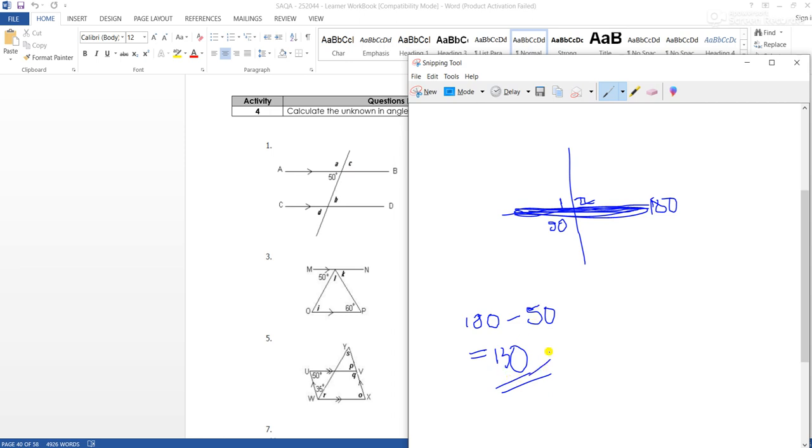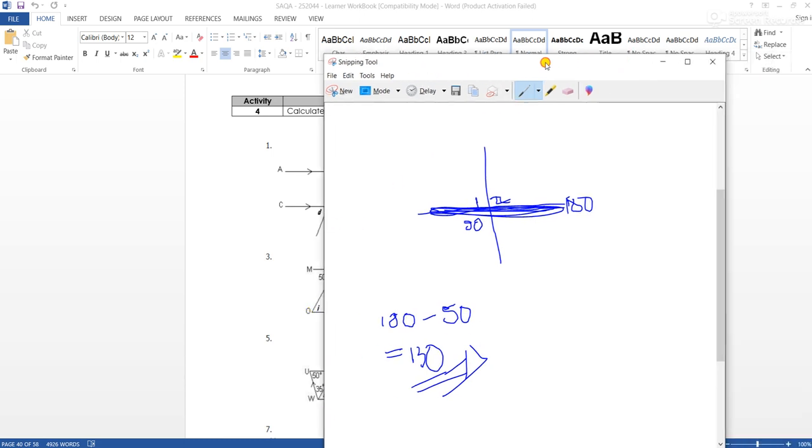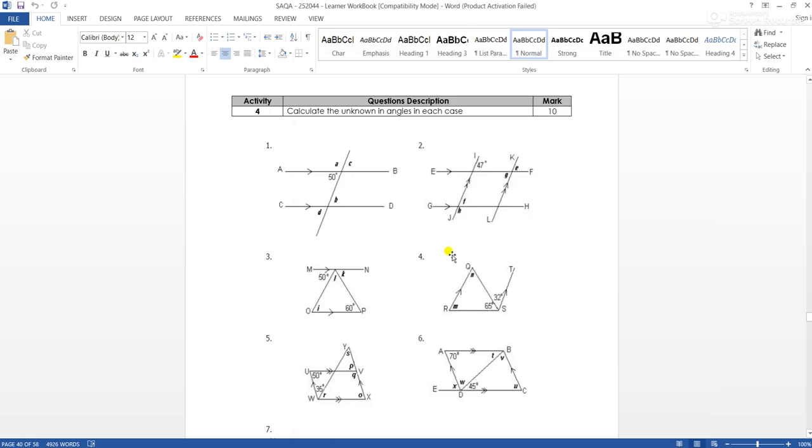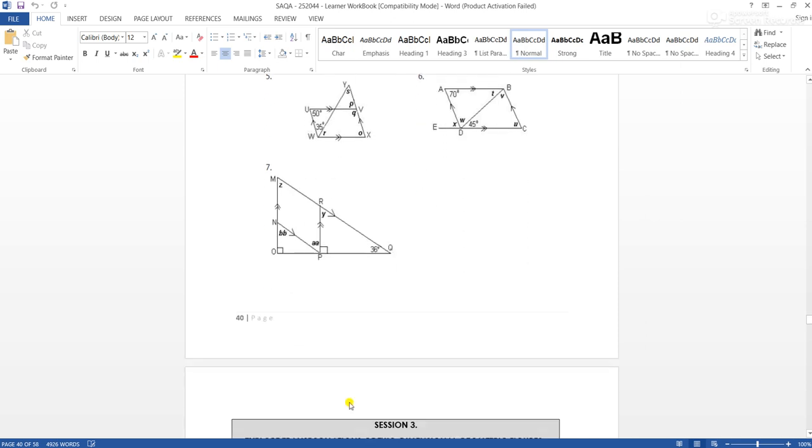So this is the unknown angle that they refer to. You'll use the same approach for all angles. So go through the properties and understand the properties, and you calculate based on what they required.